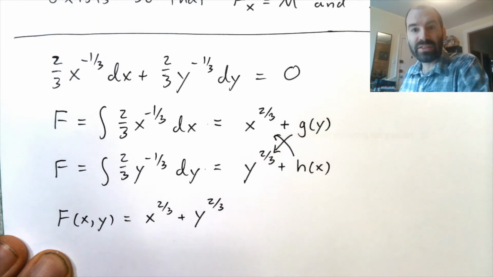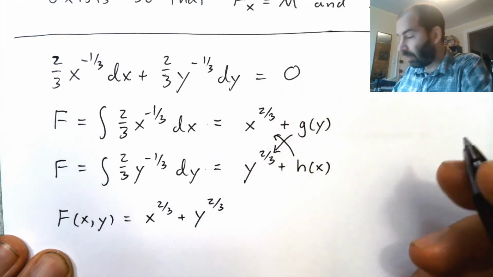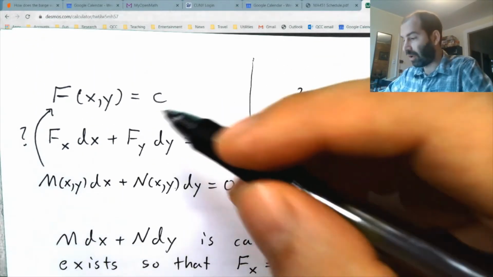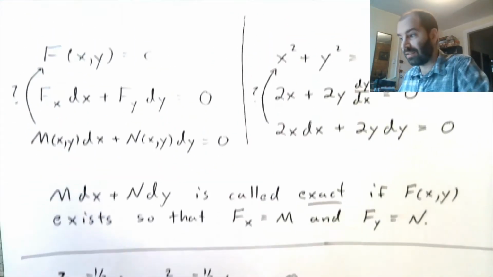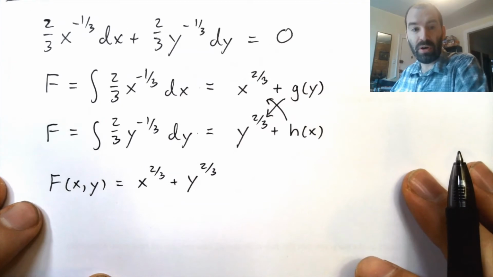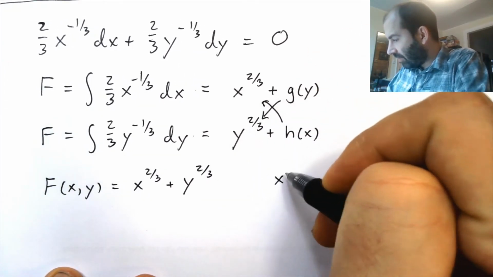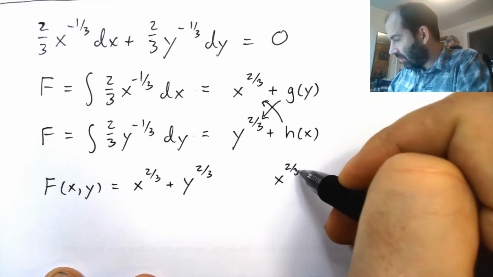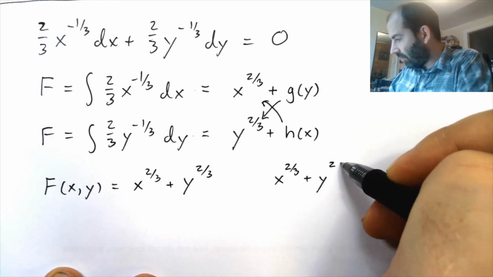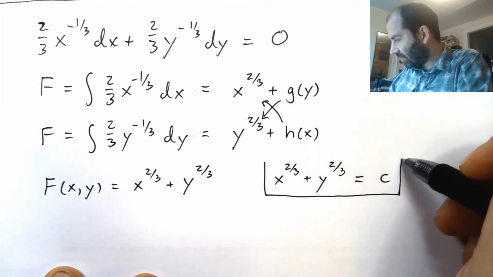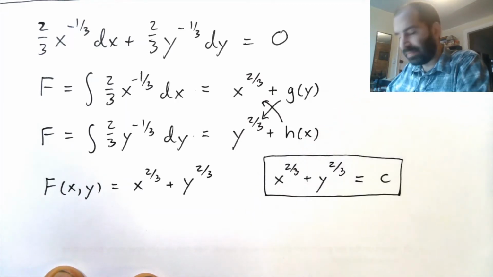Okay? And so the solution to this differential equation, remember what we started from, was the function equals a constant. So what I end up with is x to the 2/3 plus y to the 2/3 equals a constant. And that is the solution to that differential equation.